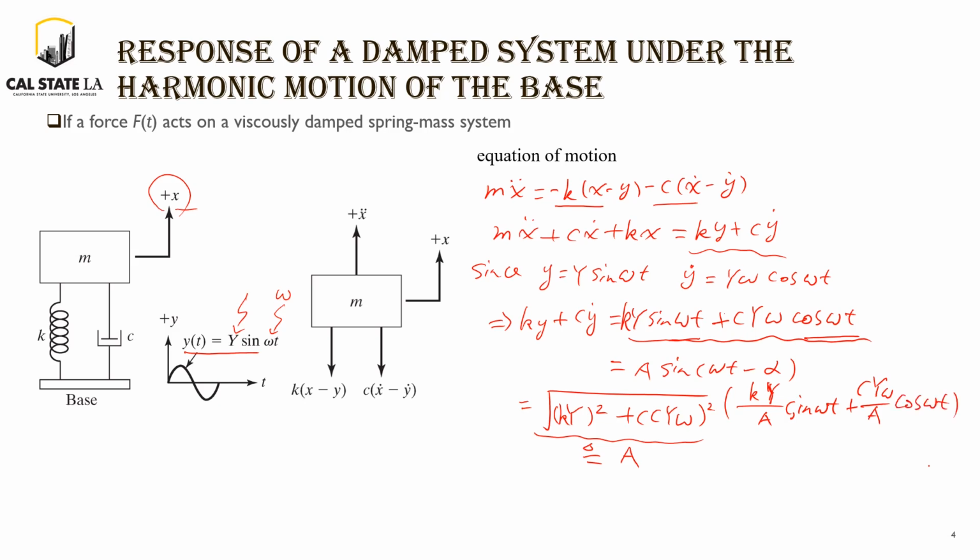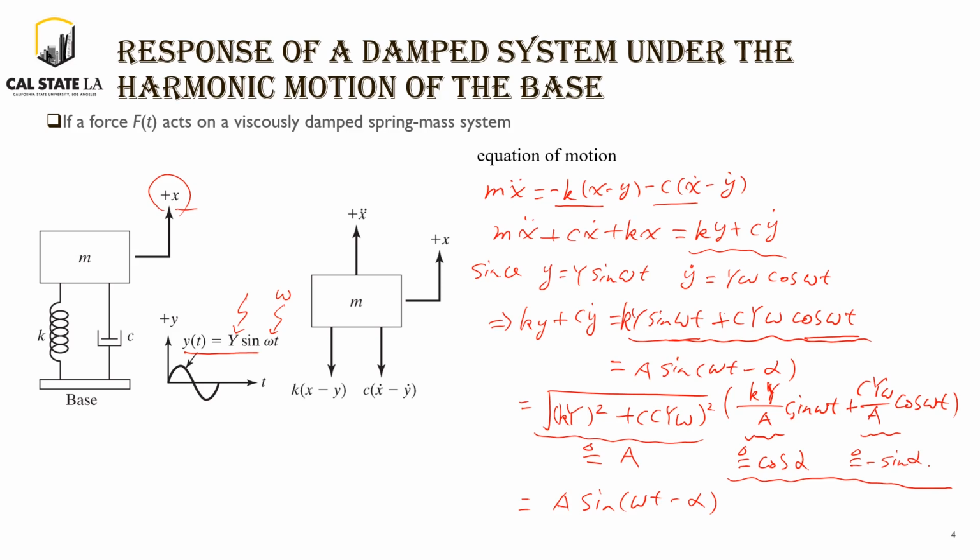If we further define k Y over A as cosine alpha, and c Y omega over A as sine alpha, these two terms together become sine omega t times cosine alpha minus cosine omega t times sine alpha. So it will become A times sine of (omega t minus alpha), right?